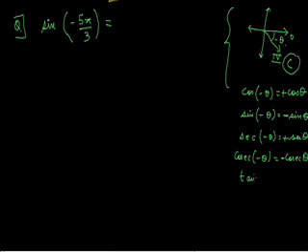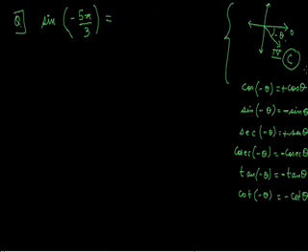Let's talk about tan of minus theta. It will become tan theta only, but in the fourth quadrant, tan is negative, so we will put a minus sign. Similarly, cot of minus theta will become minus cot theta. So these are the minus theta relations: cos of minus theta is plus cos theta and sine of minus theta is minus sine theta. So we can use these relations over here.